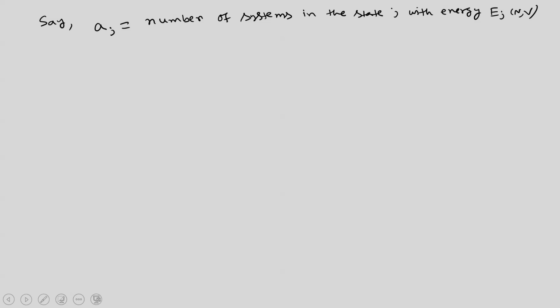And capital A represents the total number of systems in the ensemble.